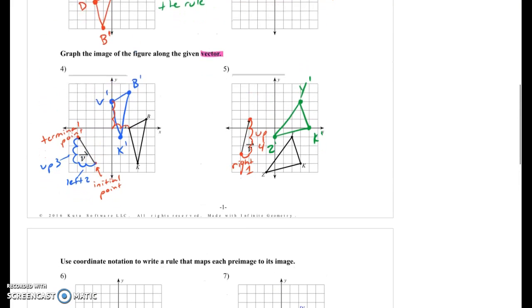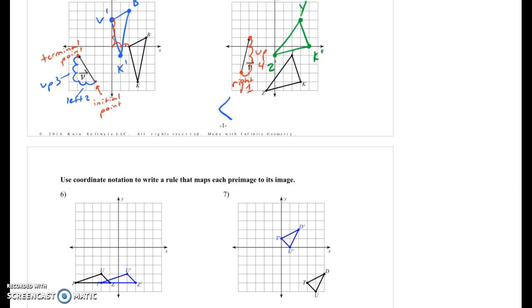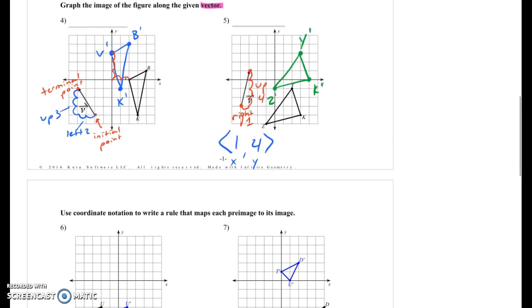Actually, before moving on, there's the notation for the vectors, which is in terms of these sharp brackets. The x is moved over to the right 1, so it will end up 4. So think of it as your x and your y. So for number 4, your vector would be negative 2, because it was left 2, and up 3 would be a positive 3.